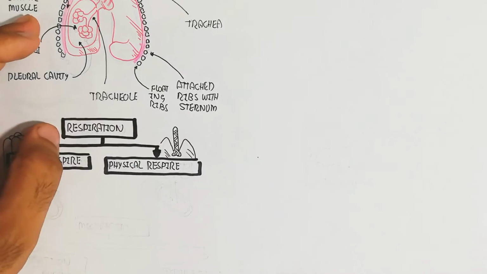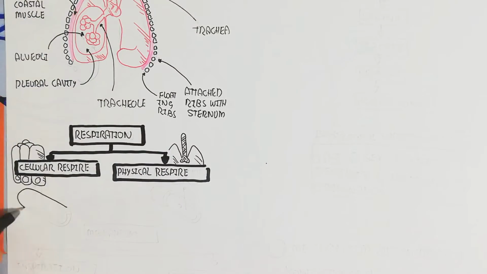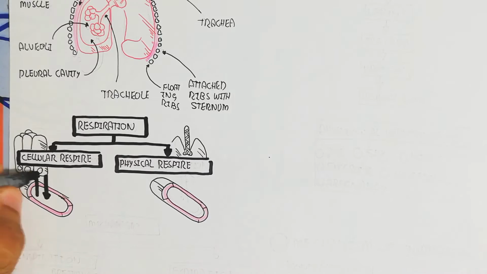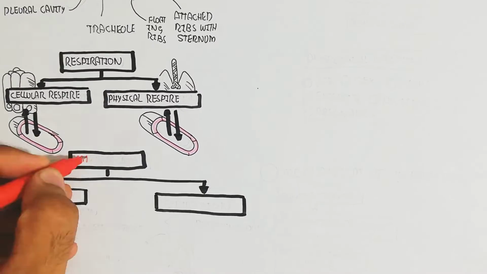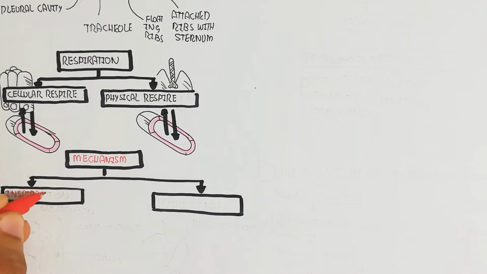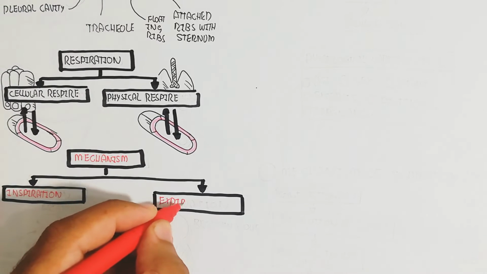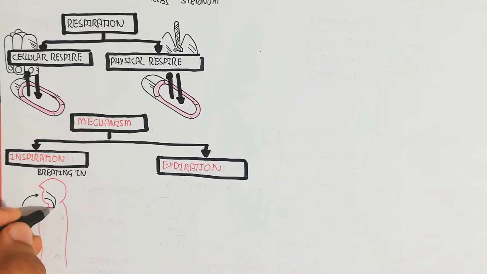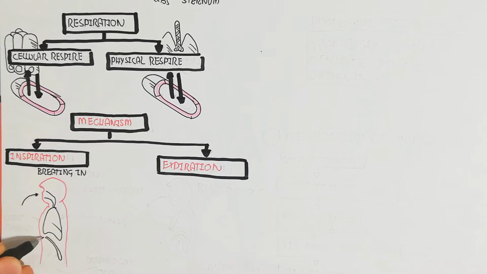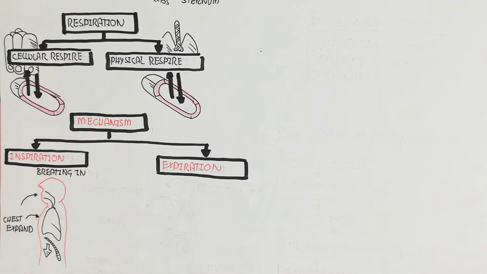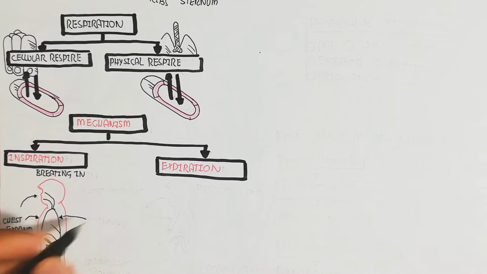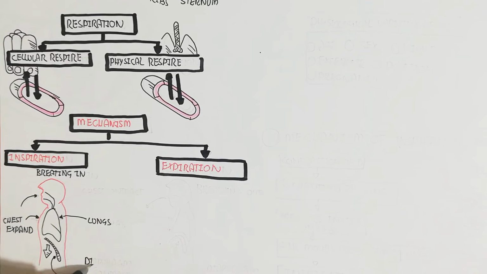For the respiration mechanism, the types of respiration are cellular and physical. Cellular respiration means blood to the tissue, while physical respiration means the lungs to the blood circulatory system. Now we will understand the mechanism of inspiration. Breathing in, inspiration, leads to chest expansion.